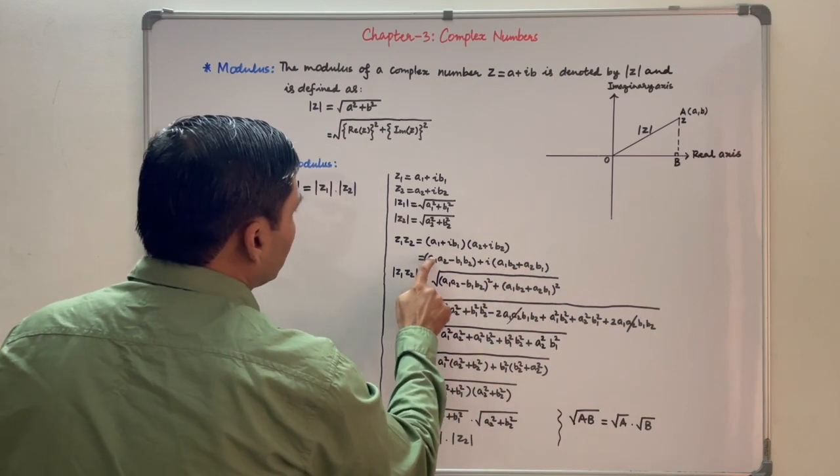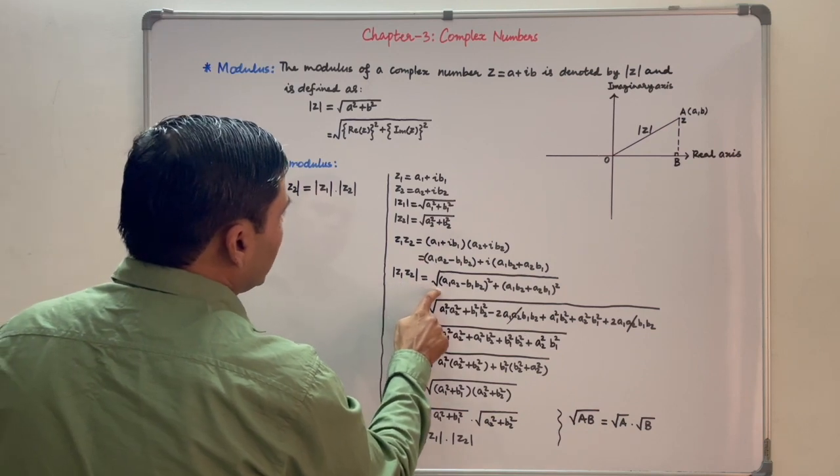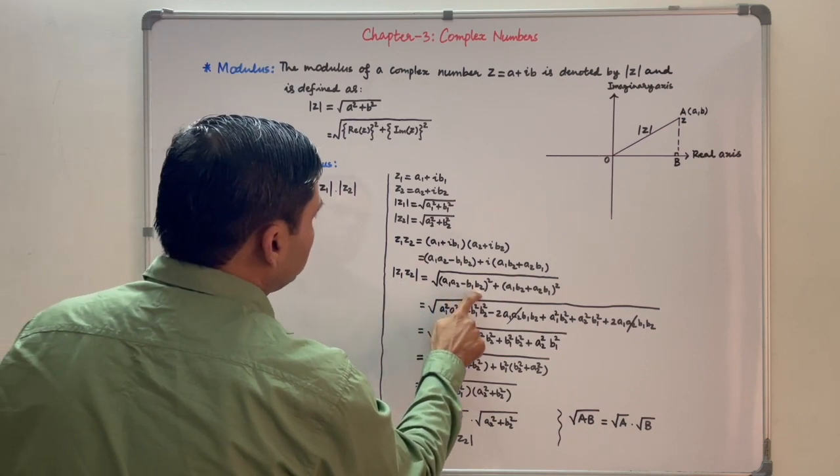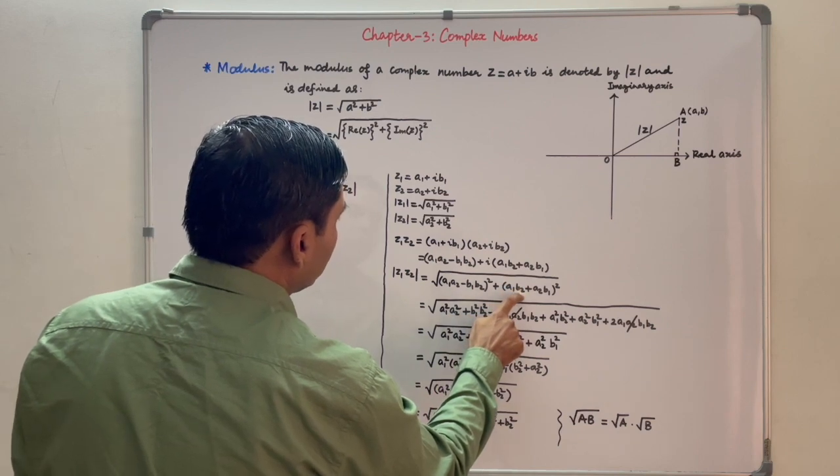Now we will take the mod of this complex number. So |z1 z2| is equal to √((a1 a2 − b1 b2)² + (a1 b2 + a2 b1)²).